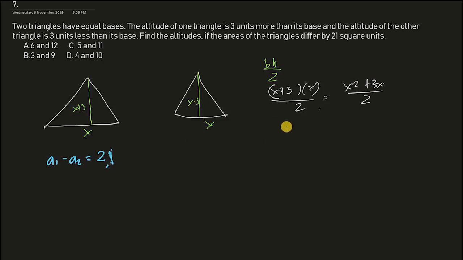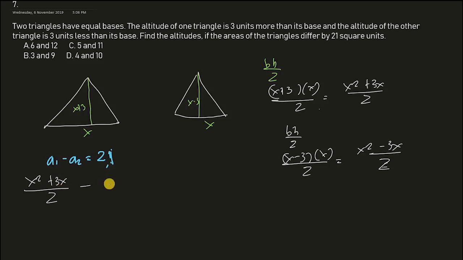Next, dito naman, base times height over 2, that's the same. Base natin is x minus 3, tas yung height lang, that's the height. And the base is x over 2. Distribute, that would be equal to x squared minus 3x over 2. Alright, so since we have the two areas, sabi dito, a1 minus a2 is equal to 21. So let's substitute. So dito, x squared plus 3x over 2 minus x squared minus 3x over 2.